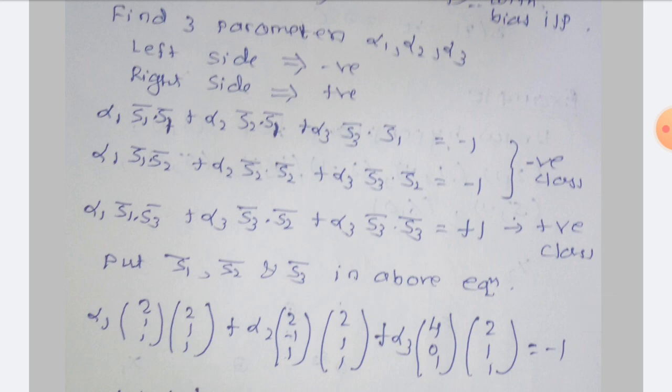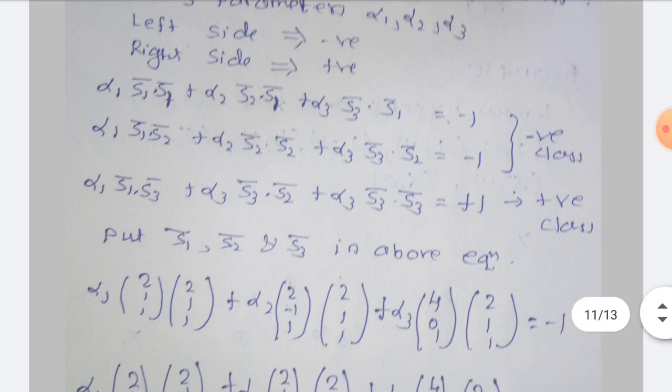Now put S1 bar, S2 bar and S3 bar in the above equations. So we are getting again three equations by putting the values of S1 bar, S2 bar and S3 bar. The first equation will be alpha 1 (2, 1, 1) dot (2, 1, 1) plus alpha 2 (2, -1, 1) dot (2, 1, 1) plus alpha 3 (4, 0, 1) dot (2, 1, 1), and it is equal to minus 1.